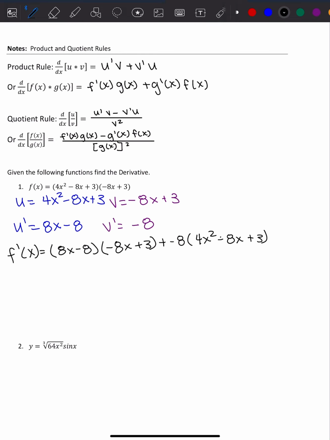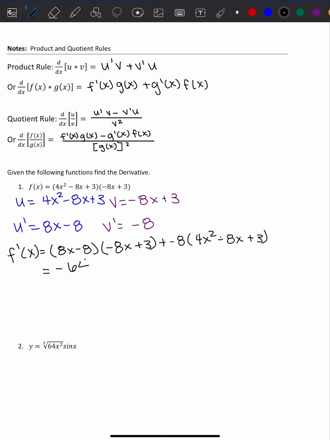Sometimes we have to simplify it, and sometimes we don't. So it just really depends on the problem and what we're doing. If we have to simplify this, we're going to multiply out what we need to and then add like terms.